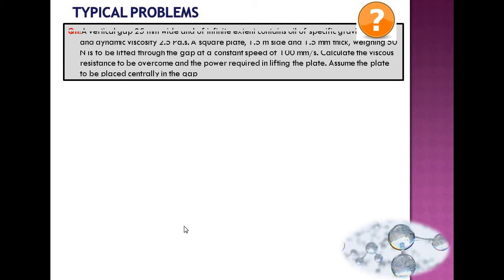So the third problem in this section, already we had done a couple of problems in the previous lectures. The numerical goes like this: a vertical gap 25 mm wide and infinite extent contains oil of specific gravity and dynamic viscosity 2.5 pascal second.